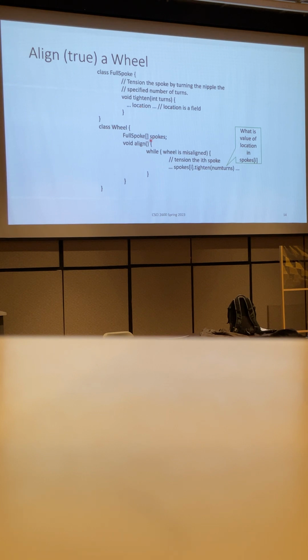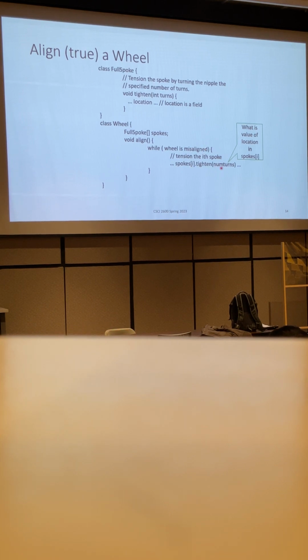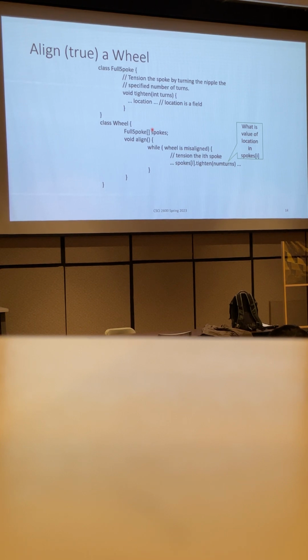Right, so how would you perform the align operation on the entire wheel? You basically go over all the spokes until the wheel is properly aligned, and you would tighten each of the spokes. Okay, all spokes are in this array of full spoke. So that works perfectly well.